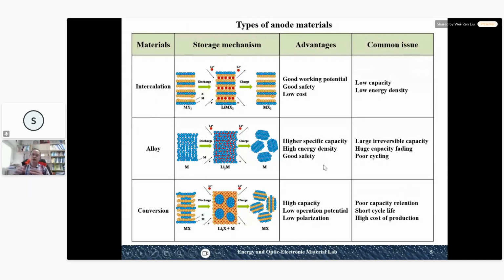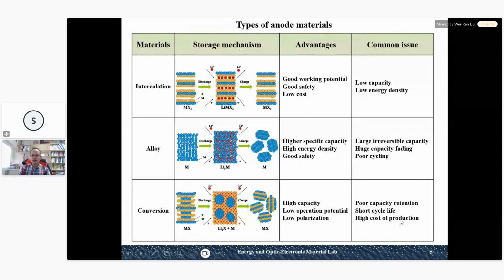However, they have a large irreversible capacity loss in the first cycle, and the dramatic volume expansion leads to poor cycle stability. Conversion anodes, like metal oxides, have high capacity and low operation potential, but the cycle life is not so good.